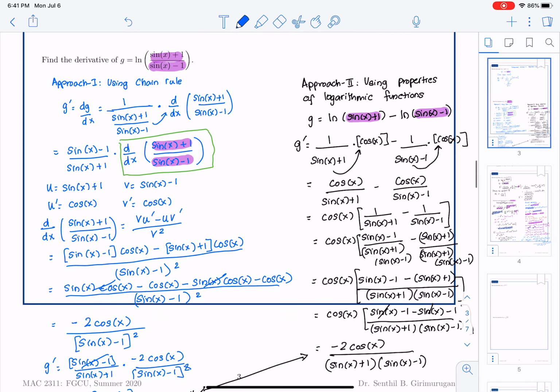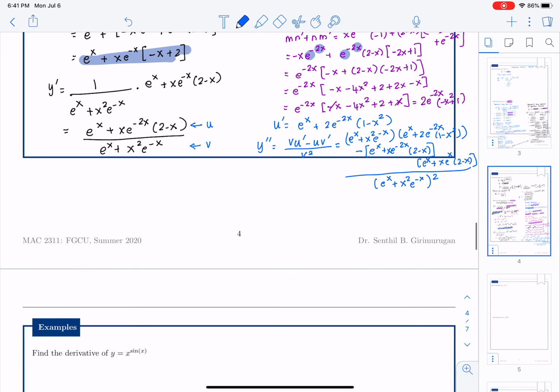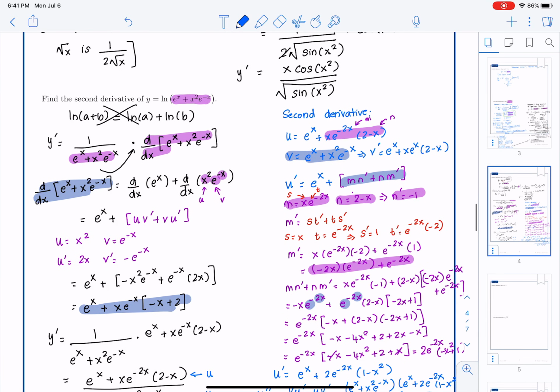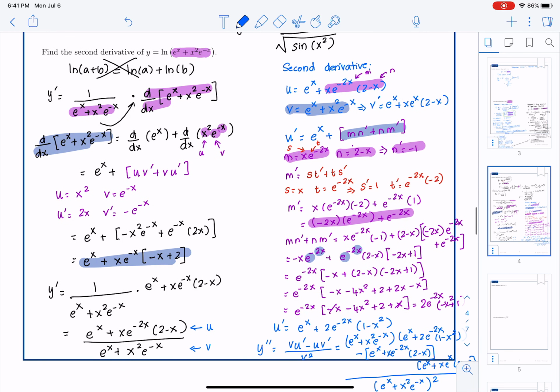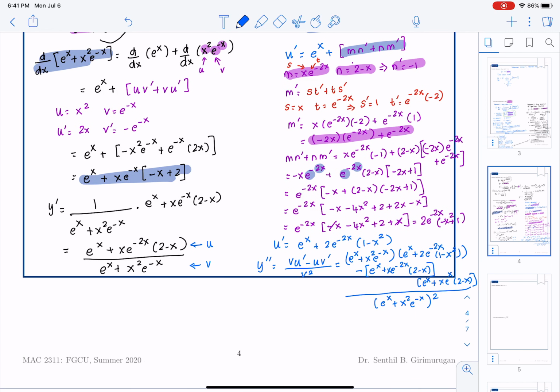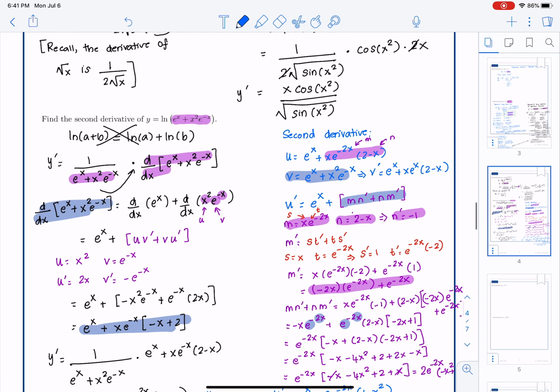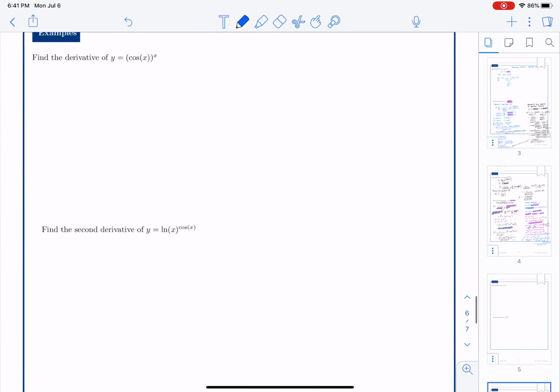So the problem that we had here is this: y equals ln of e raised x plus x squared e raised minus x. We had to find the second derivative. We did all of this. Extremely lengthy expression and seems quite painful to simplify. So I'm going to use a different approach.